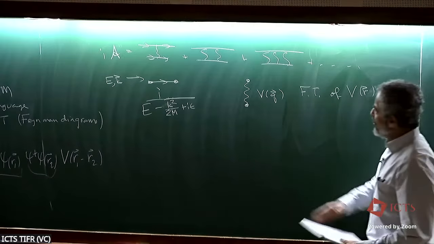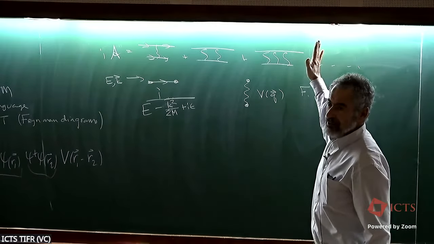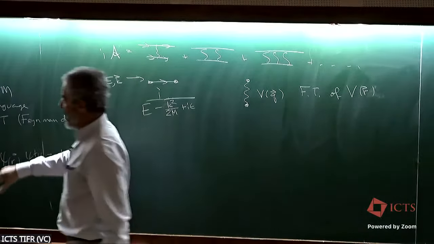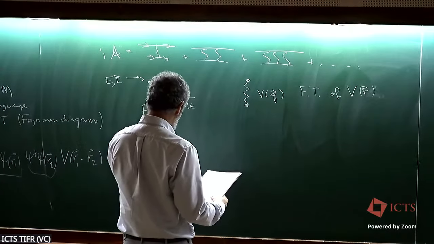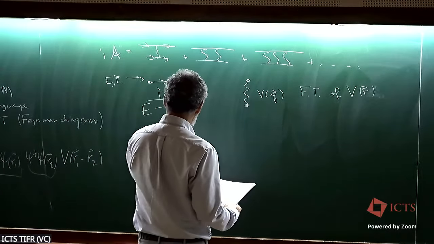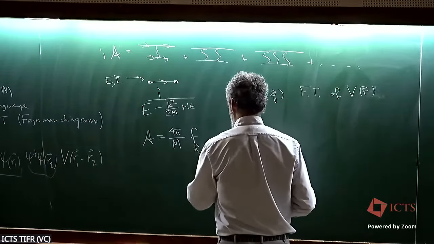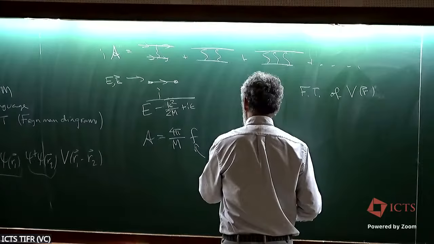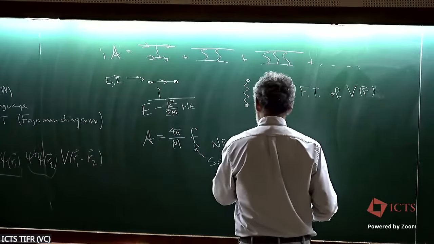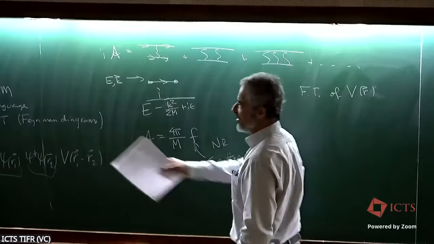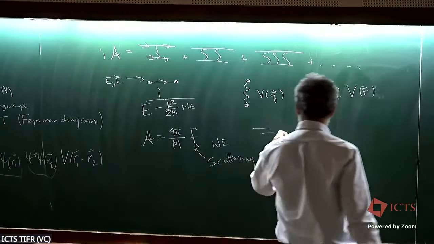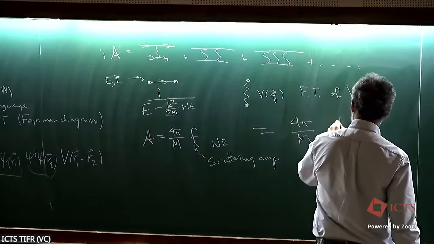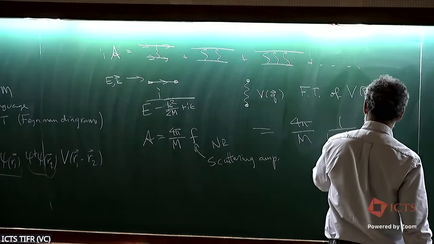And then you sum up all these diagrams and you get the scattering amplitude, where the relationship between curly A and f is that curly A is equal to 4 pi over M times f. This is the non-relativistic scattering amplitude that we defined here. So you find that A is 4 pi over M, 1 over k cotangent delta minus i k.